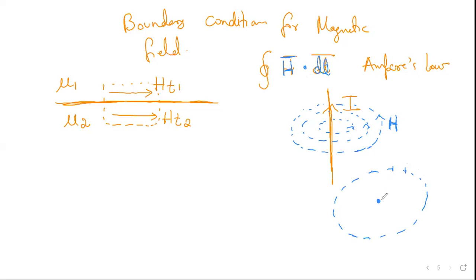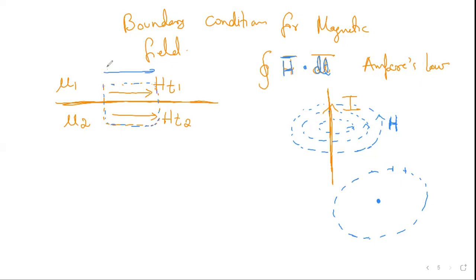I will get the current which is present in the center. If I keep on taking all the magnetic loop rings around over the entire surface, then I'll get the total current. But I'm not doing such a thing. Let us just look at this small ring over here and do H dot dl.